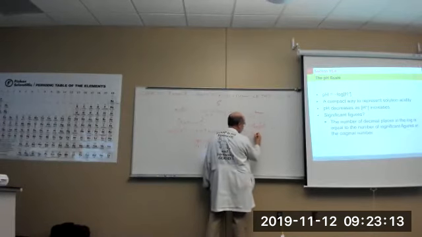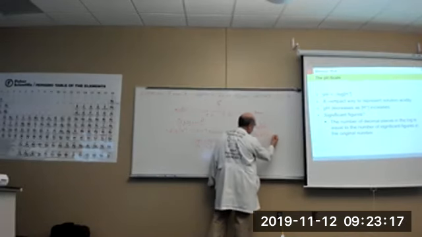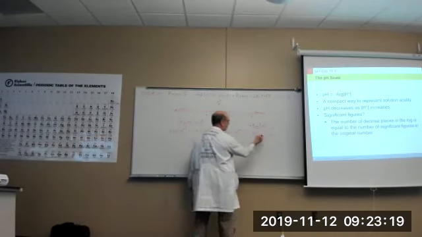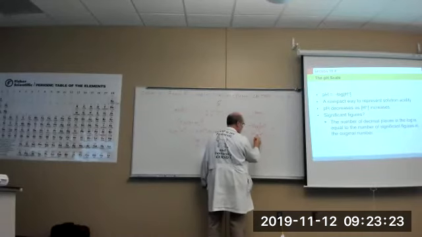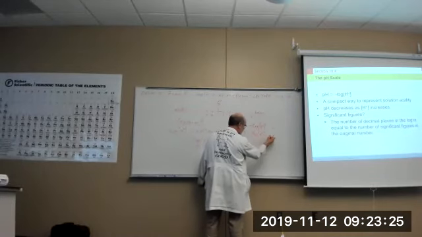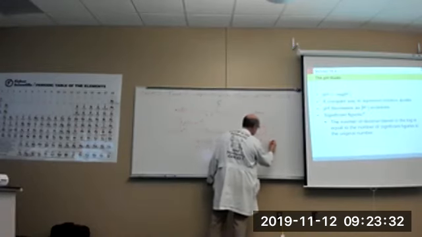So you take the log like that equals a negative x. Then you say 10 to the x equals the hydrogen ion concentration. So 10 to the minus x equals the hydrogen ion concentration.